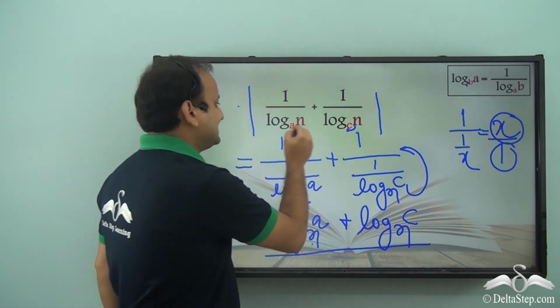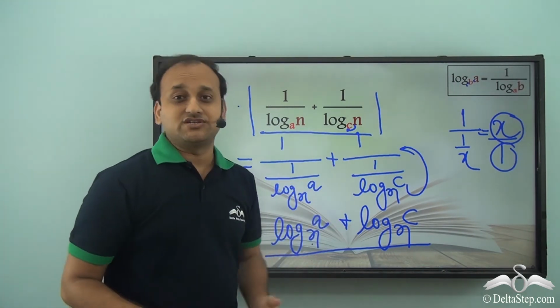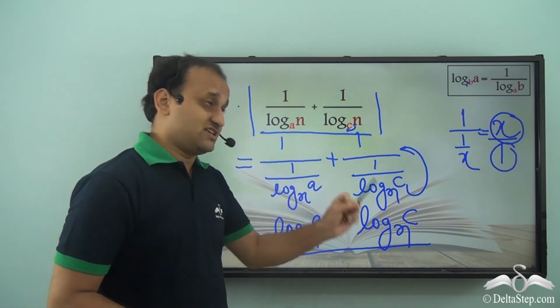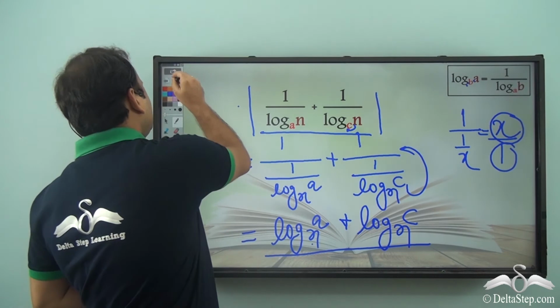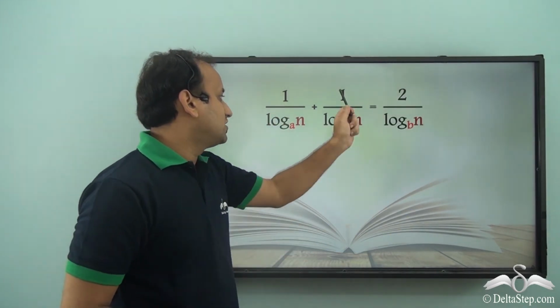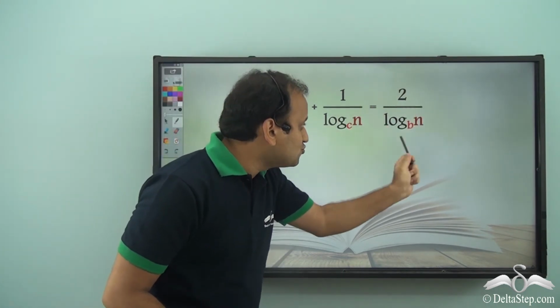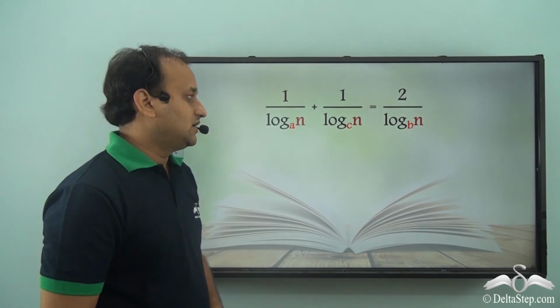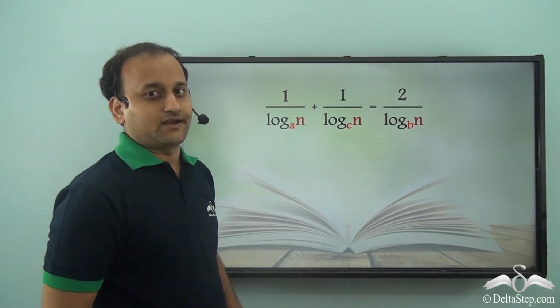So now you know that. But what if this was not an expression but instead an equation? Then could you apply the same formula and solve it? Let's see. So what if 1 by log n to the base a plus 1 by log n to the base c is equal to 2 by log n to the base b? If you have such an expression, can you prove something?